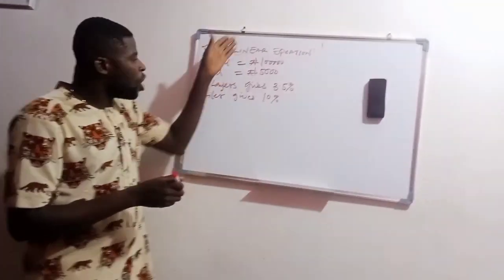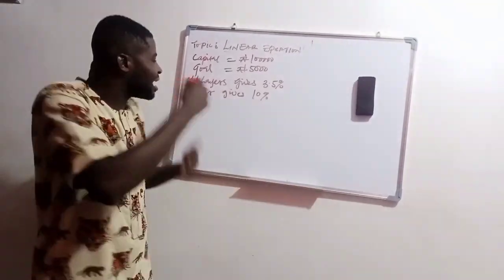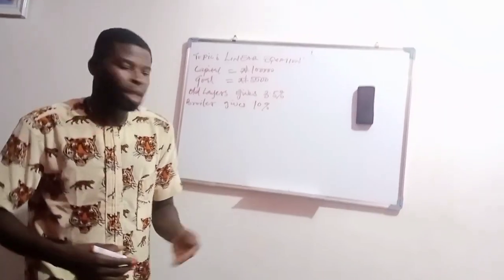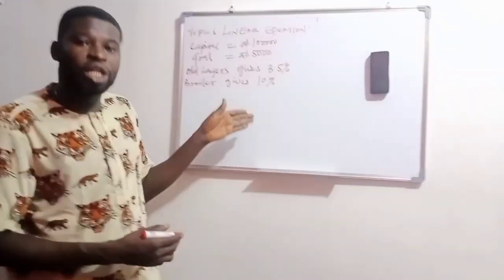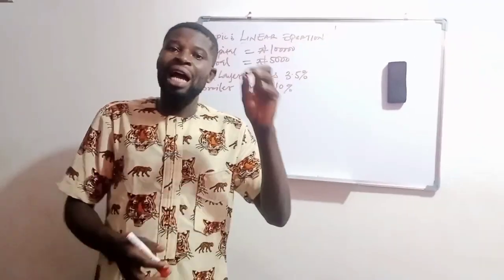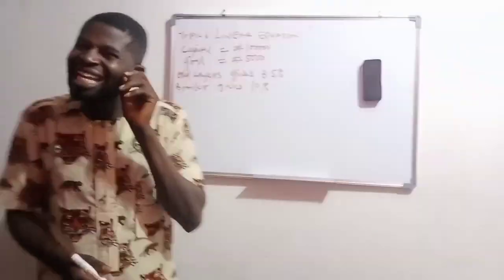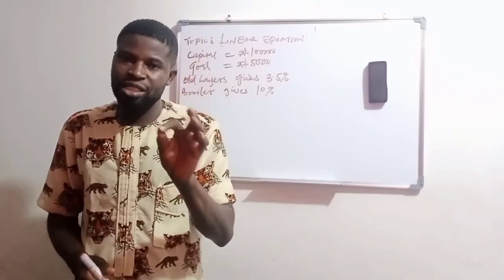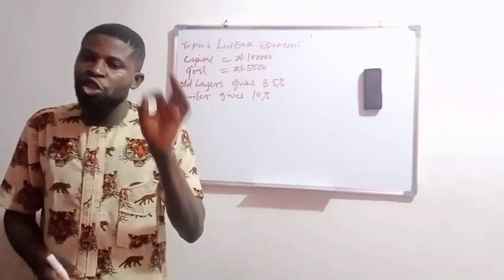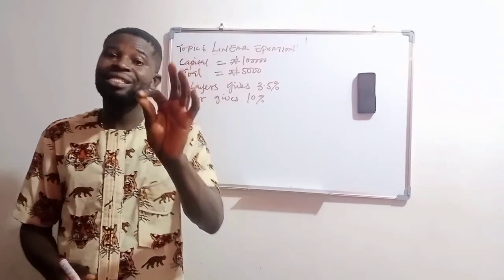Now, with all these things, calculating from all this will instruct me on the exact amount of money that should be invested in old layers and broilers, so that at the end of every day I should be making the gain of 5,000 naira.